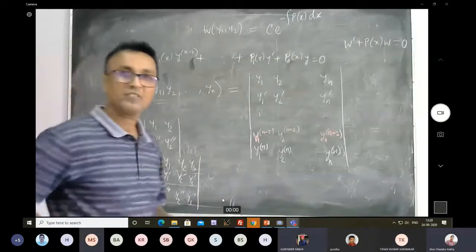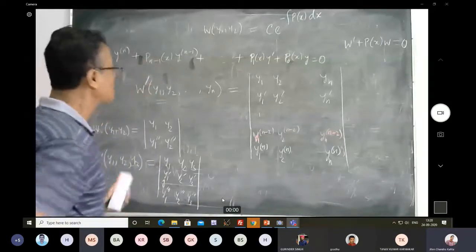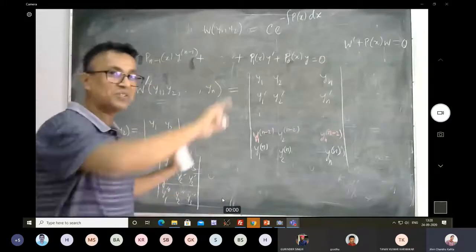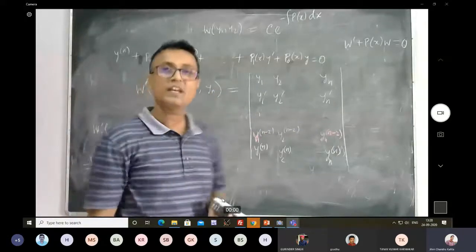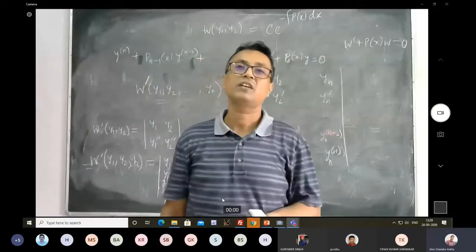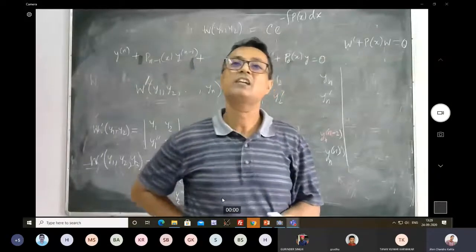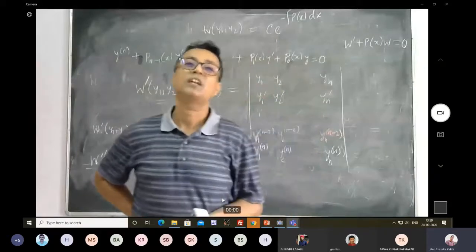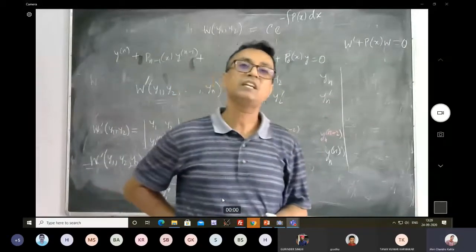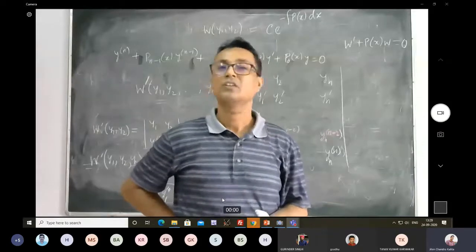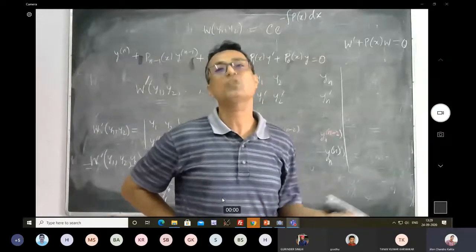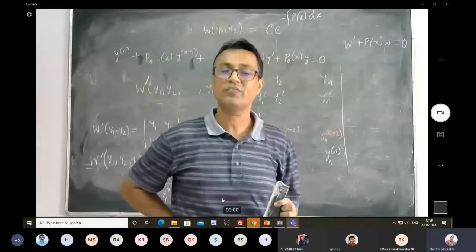So now the next step is very interesting. You know that the value of a determinant doesn't change if you add a linear combination of any number of rows to another row.